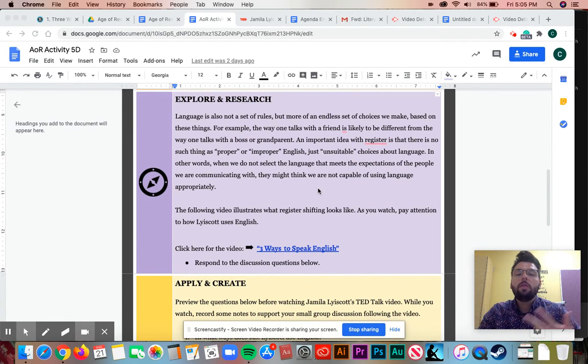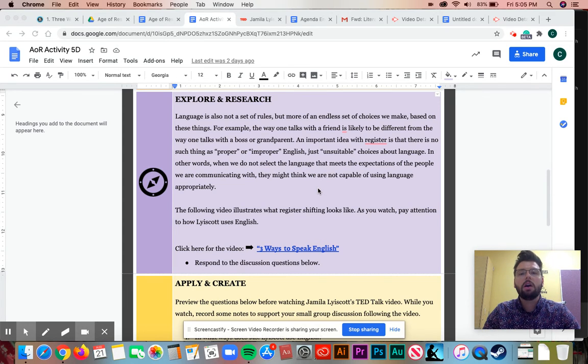So, language is not only a set of rules, but it's more like a set of choices that we make based on register and other things like that. So, an important idea with register is that there's no such thing as proper or improper English, right? We do have grammar, but technically, linguistically, if you can understand what someone's saying, then that communication event was successful, right?